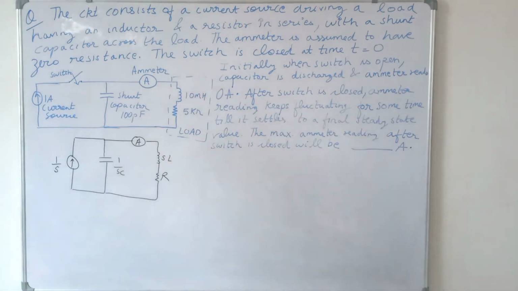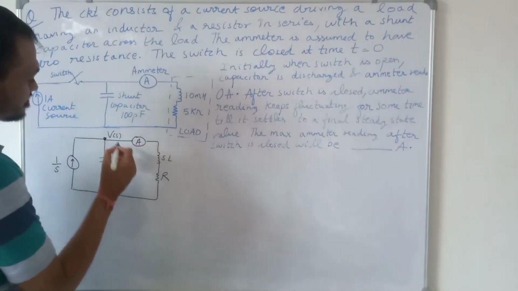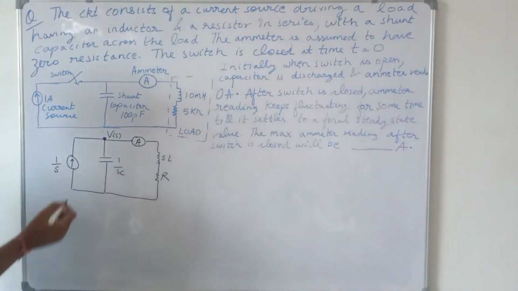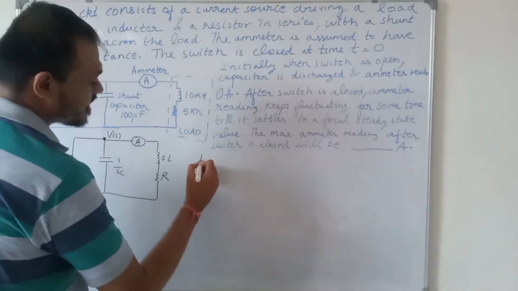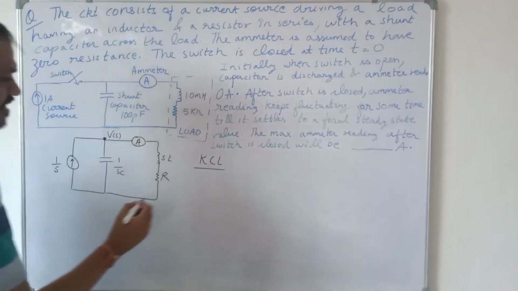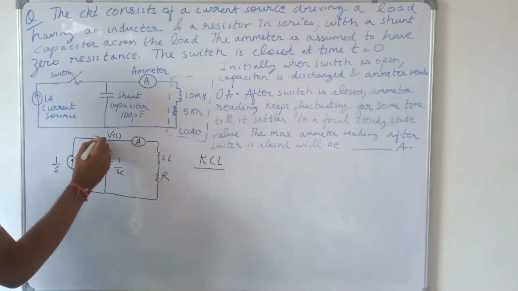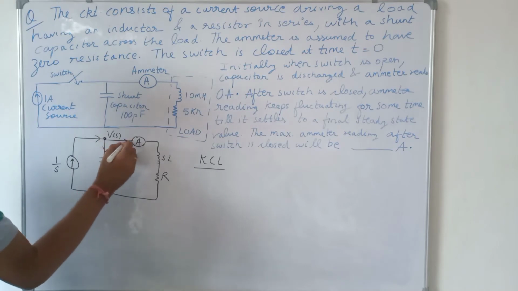Let's assume that the voltage here is V of S. So we can write Kirchhoff's current law. By Kirchhoff's current law, this 1 by S is the incoming current at this node, and these two are the outgoing currents.